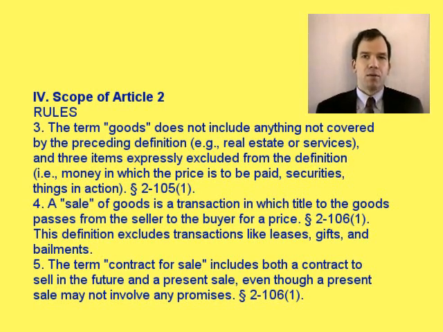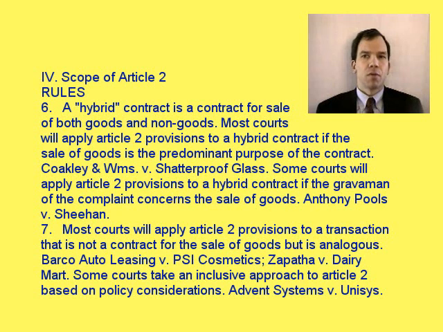A hybrid contract is a contract for the sale of both goods and non-goods, like services. Most courts will apply Article 2 provisions to a hybrid contract if the sale of goods is the predominant purpose of the contract. So, for example, in Coakley and Williams v. Shatterproof Glass, the court concluded that it was possible that the glass involved in the sale and installation of a window was the predominant purpose.